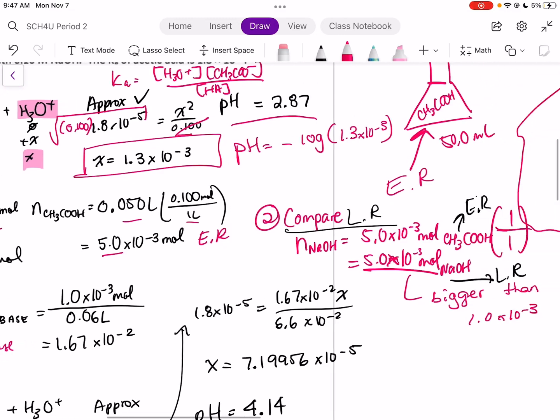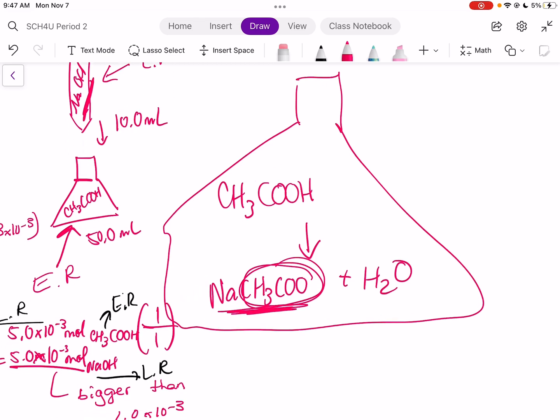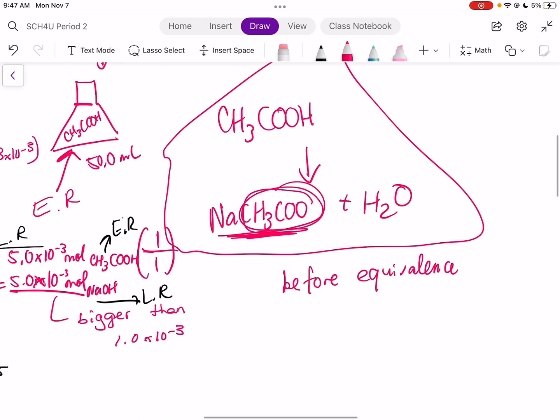But because I did put some NaOH here, that means I produced some of this salt. So some of this is being produced, and it is a rule when we're before equivalence, we need to keep in mind that the moles of your base, because it's a strong base, is going to be equal to the moles of your conjugate base.